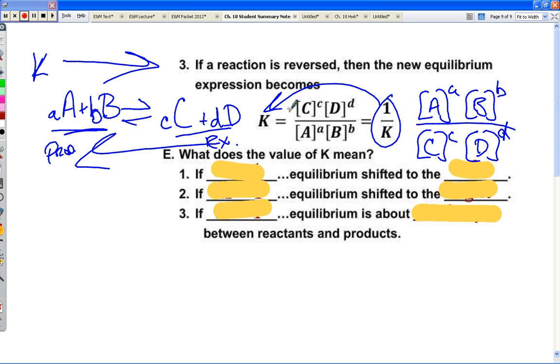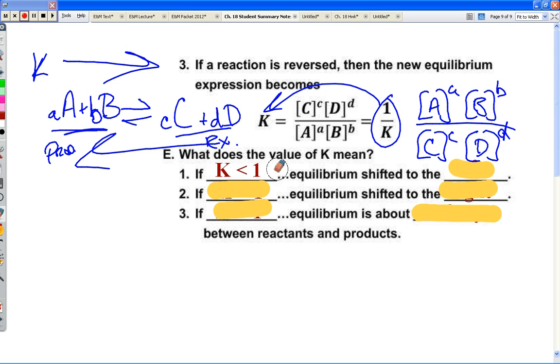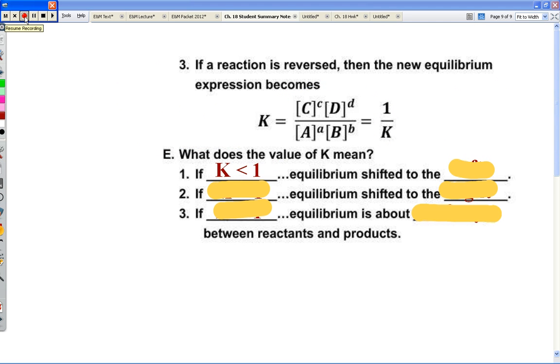So what does the value of K mean? Well, we're going to explore a couple of things. In fact, we're going to erase all of this and start examining what exactly this equation means.